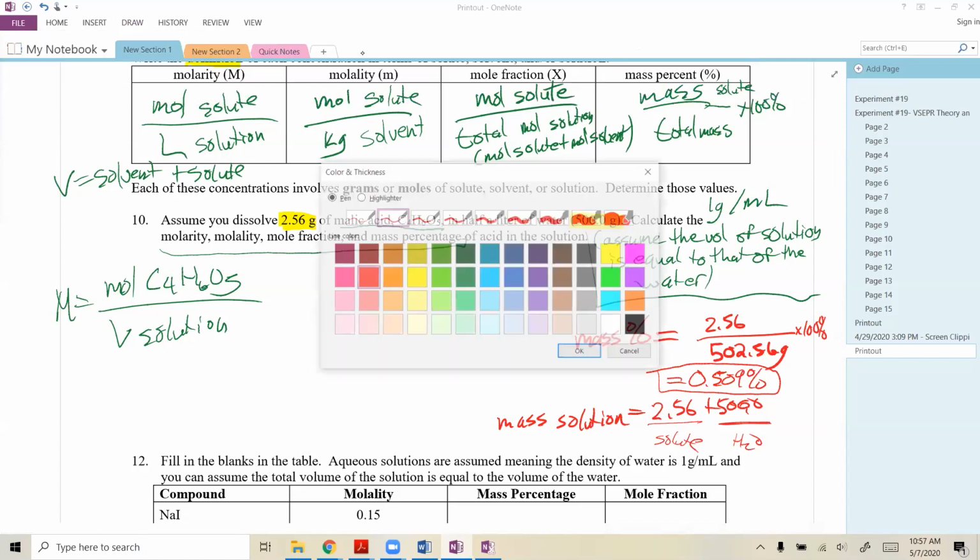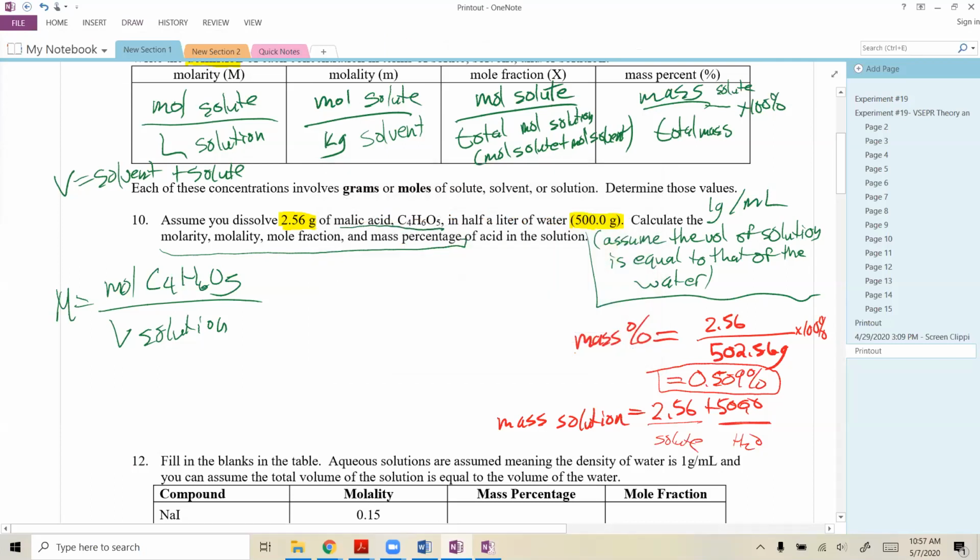So our molar mass, I'm going to get a different color for this. For C4H6O5, what's its molar mass? 134.0874 grams per mole.